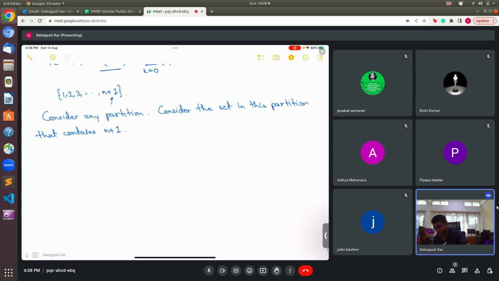Let's say this is my set. This set contains n plus 1 and it may or may not contain some other numbers, and the remaining numbers have been partitioned in some way.